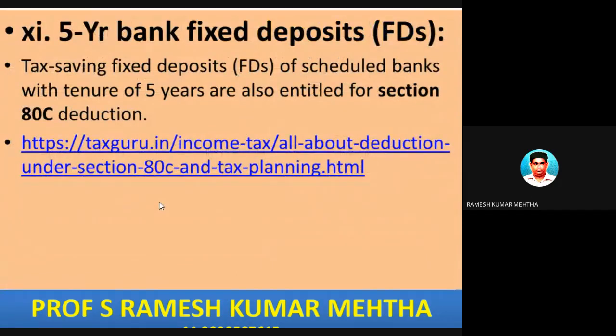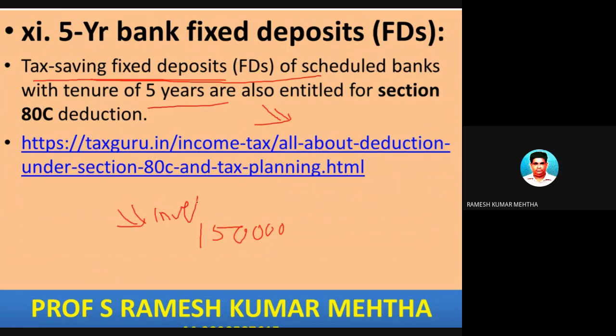Which is 5 years fixed deposits. So if you invest in 5 years fixed deposits of a scheduled bank for a tenure of 5 years, it will be locked for 5 years. Then if it is a tax saving fixed deposit, you are entitled for deduction under section 80C to a maximum limit of 1.5 lakh rupees of the investment amount.